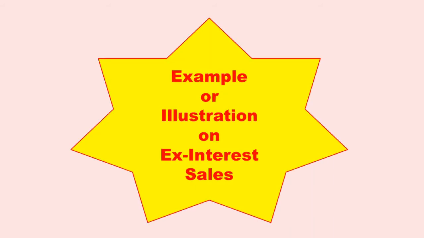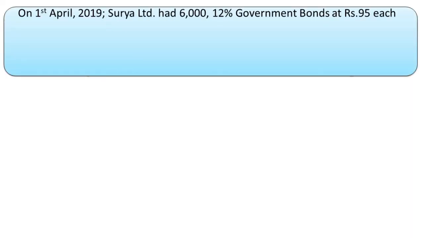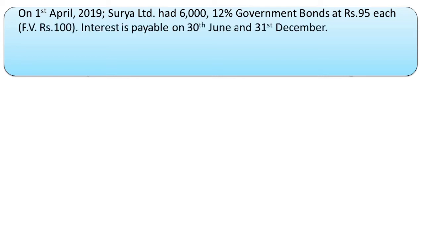Now let us see another example or illustration on ex interest sales. On 1st April 2019, Surya Limited had 6,000 12% government bonds at rupees 95 each with a face value of rupees 100.